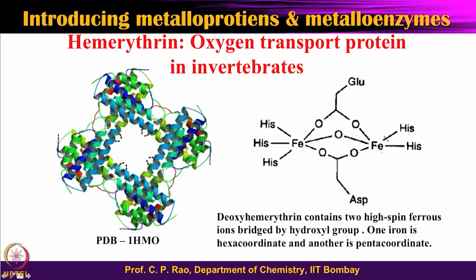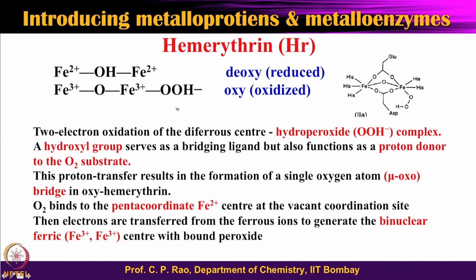So, this is the deoxy form as such, then how the oxy form, etc., we will look at in a while. Okay, so, in this particular case, the deoxy form, you have 2 iron centers, both the ions are 2 plus, and there is a bridging OH. Of course, these bridgings are besides the carboxylate bridging; the carboxylate bridging is there, but in addition.